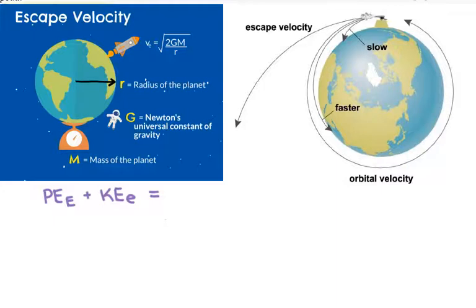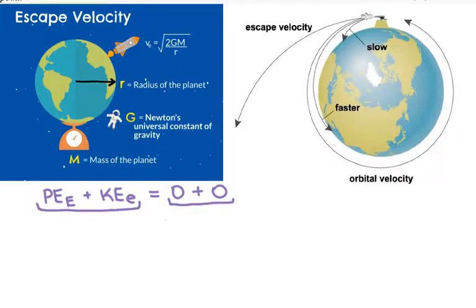Its potential energy far away is going to be equal to 0, and it's going to use all the energy that you gave and will stop eventually. So the kinetic energy of it is going to be equal to 0. So you have the energy before it launched and the energy far away, at infinity.